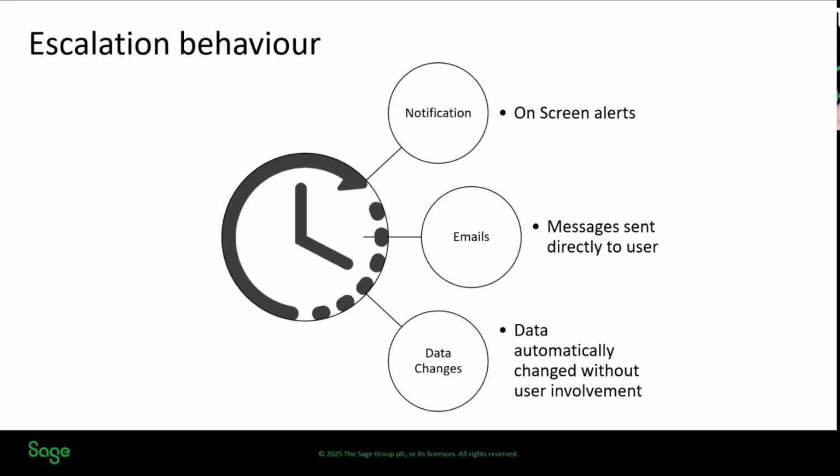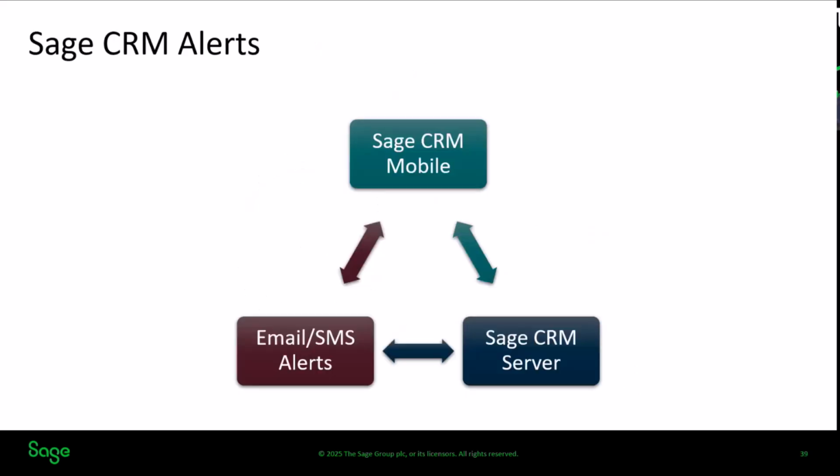But we can see that an escalation rule is just as able to pick up the data changes that are made by a mobile user and cause those to trigger anything else that we may want. But we have to understand that our experience of the alerts and behavior is very much on the mobile device.